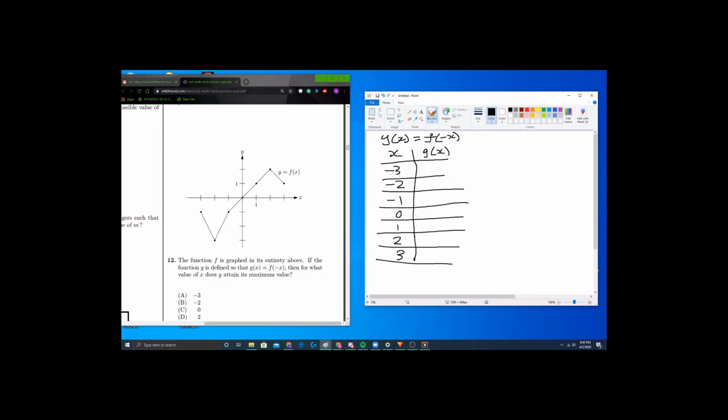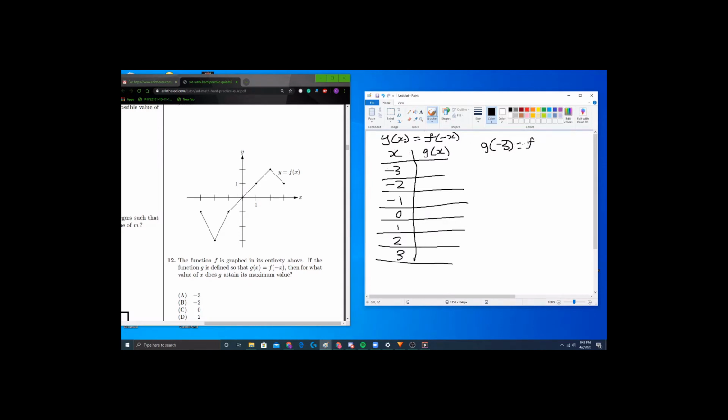Alright, let's do this. When x is negative 3, g of negative 3 is going to equal f of... Remember, when we do functions, we basically take the x and replace the value of x into whatever x is in here.